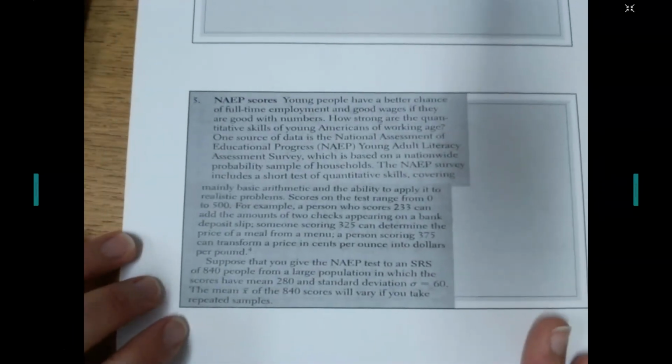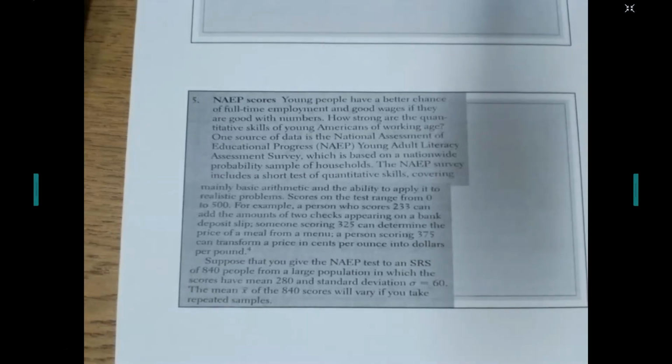Young people have a better chance of full-time employment and good wages if they're good with numbers. How strong are the quantitative skills of young Americans of working age? One source of data is the National Assessment of Educational Progress Young Adult Literacy Assessment Survey, which is based on a nationwide probability sample of households. The NAEP survey includes a short test of quantitative skills covering mainly basic arithmetic and the ability to apply it to realistic problems.